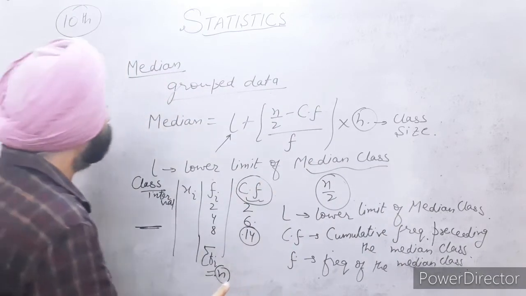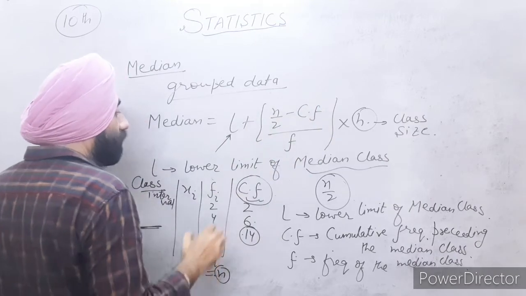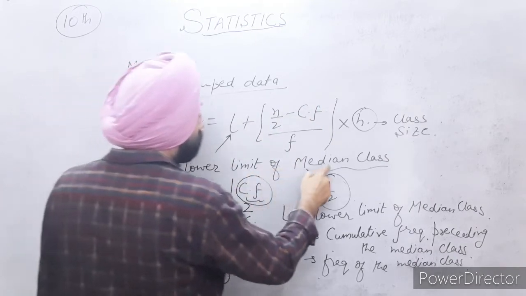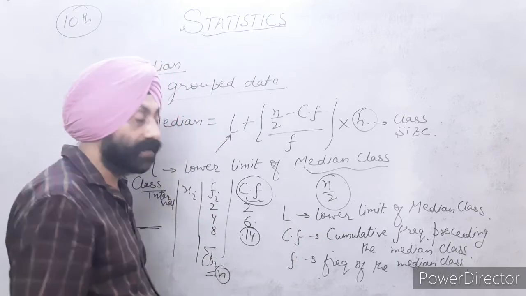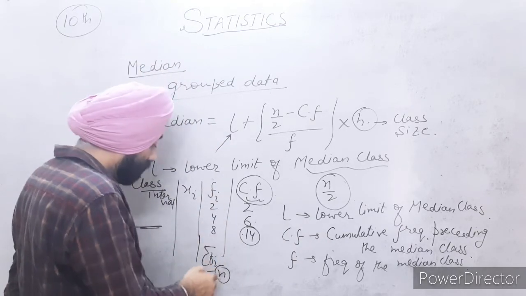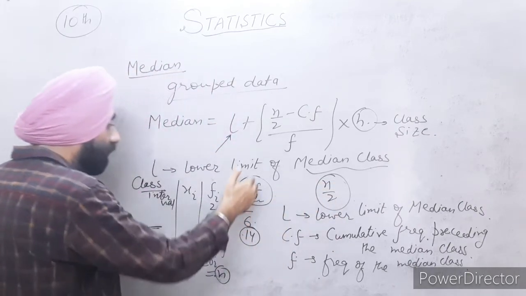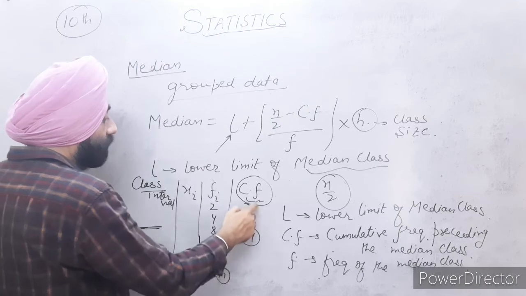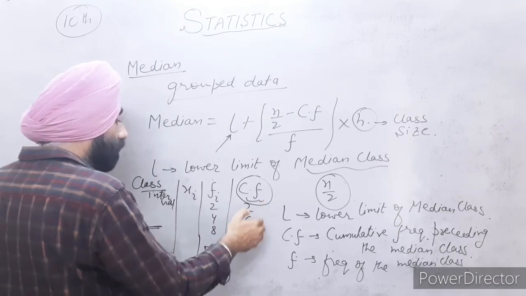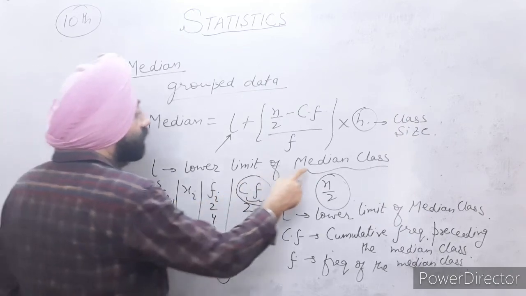Now again I repeat, the median of grouped data is calculated by this formula. First of all, we have to locate the median class. The median class is located by adding up the frequencies, which gives you n. Find n by 2, locate that n by 2 in the CF column, the cumulative frequency column, and corresponding to it, go into the class interval to locate the median class.